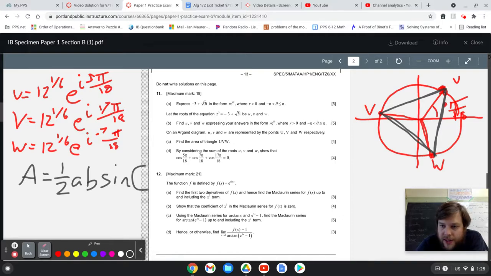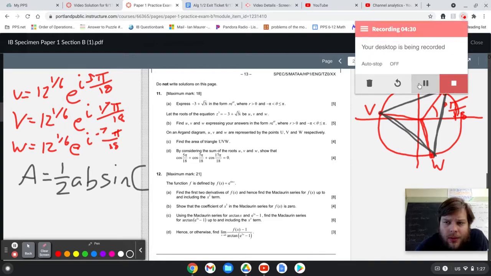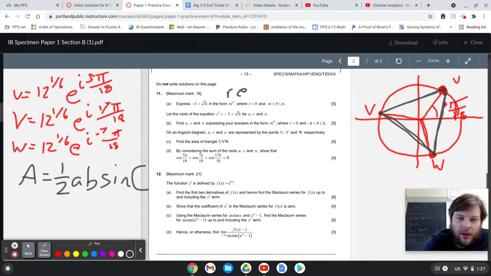Let's see here. What's the quickest way to do that? I'm going to pause for a second. Okay, I am not certain that this is the quickest route, but this is what comes to mind: when you have something in this re to the i theta format, re to the i theta is equivalent to r times cosine theta plus i sine theta.